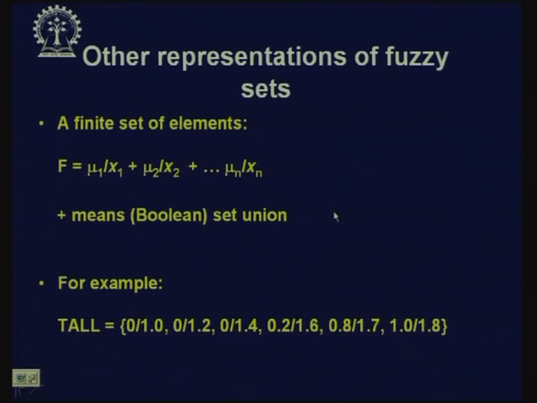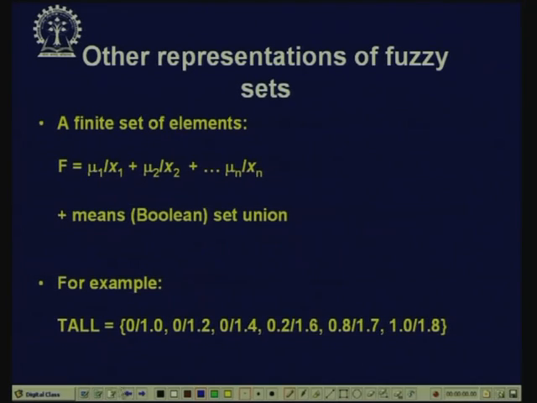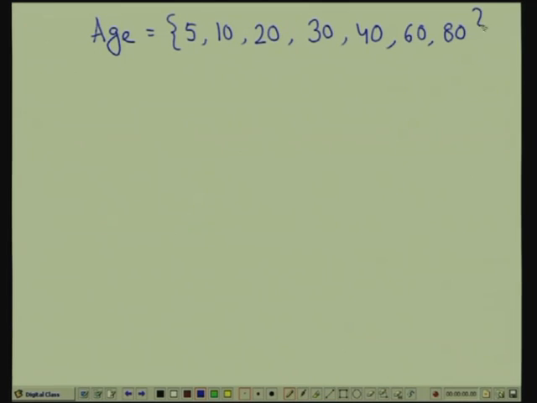Now, how do we represent a fuzzy set, say in a computer? Say I am defining a set, say there is some age, I have got a set age, where age is say 5, 10, 20, 30, 40, 60, 80.